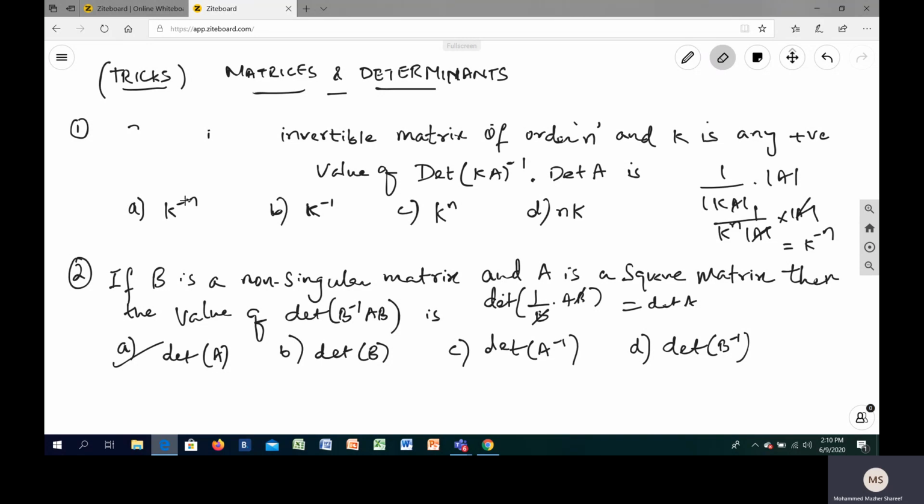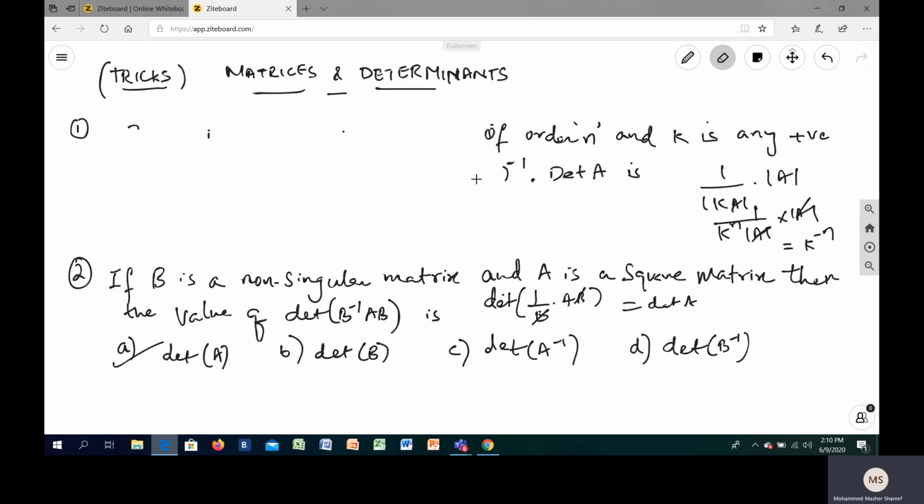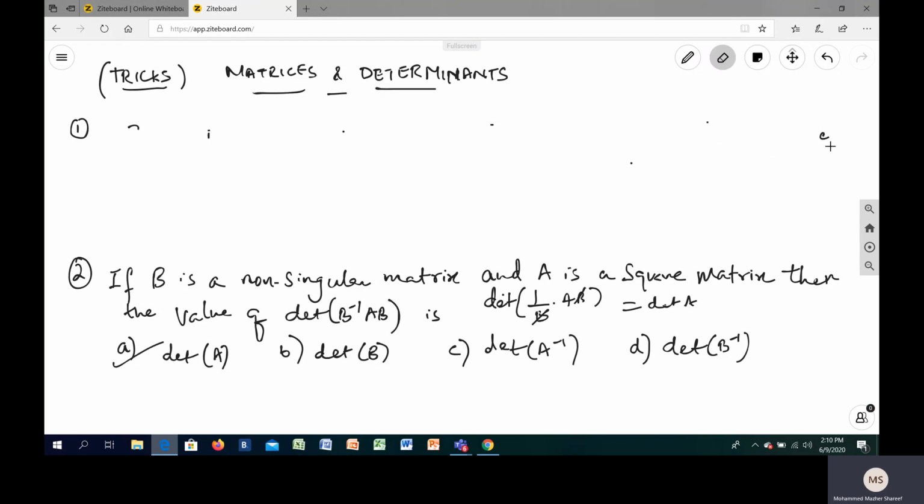Now let us solve one more question, which is MCQ based, for CBSE grade 12 and from an entrance point of view. Let me write the question. Question 3: A is a square matrix, A equals alpha 2, 2 alpha.